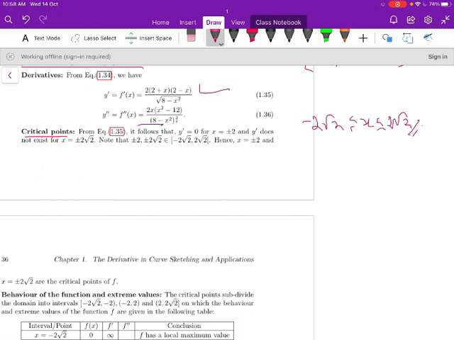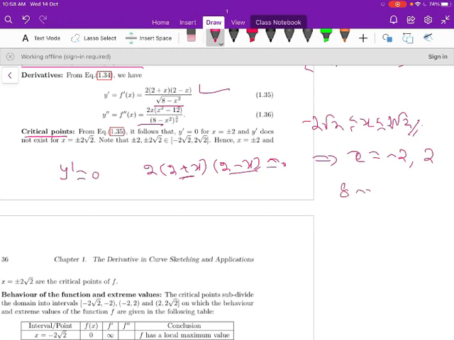Let us find the critical points by setting y dash equal to 0. When y dash is equal to 0, 2 into 2 plus x into 2 minus x is equal to 0. This implies x is equal to minus 2 from the first factor and plus 2 from the second. So minus 2 and plus 2 are critical points, and y dash does not exist when 8 minus x square is equal to 0.